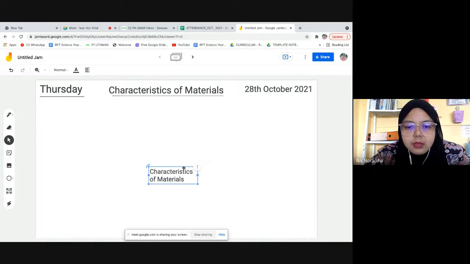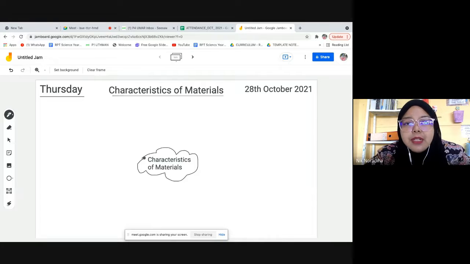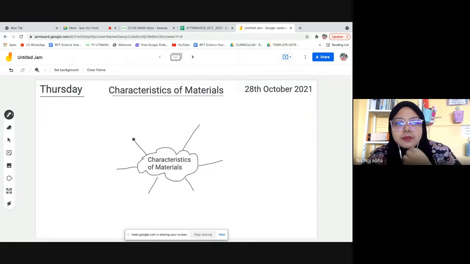If you want to do boxes, you can do boxes. If you want to do clouds like this, you can do clouds. It's up to you. Okay, so how many characteristics have we learned today? How many? Six. Well done. So we just do it in the form of a mind map, so it's easier for you to refer to later.